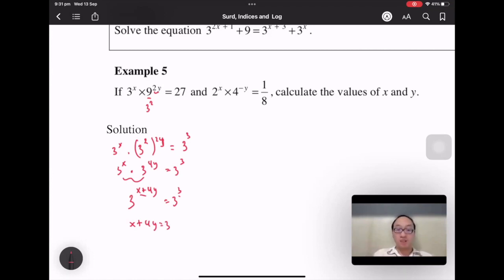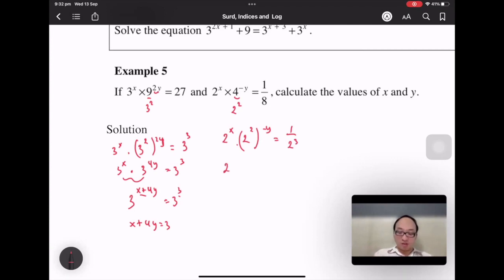That's it. And for the second one, 2 to the power of x times 4 can be changed into 2 squared. So 2 squared to the power of minus y equals 1 over 8. So 1 over 8 can be changed into 1 over 2 to the power of 3.